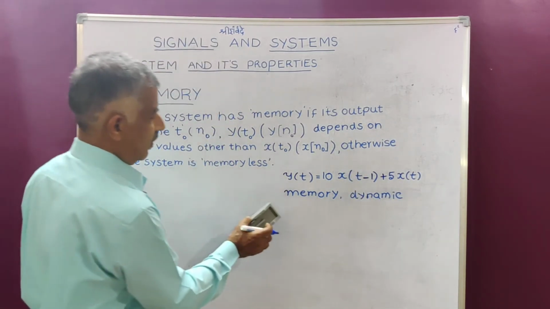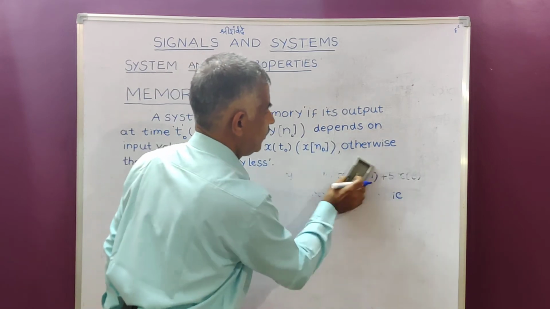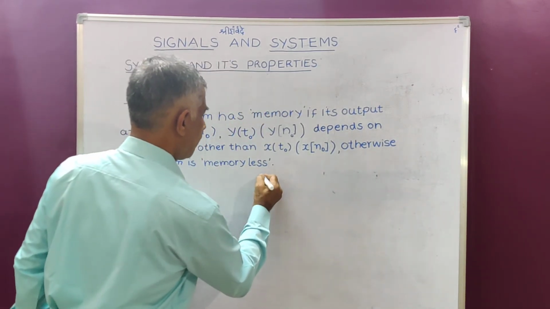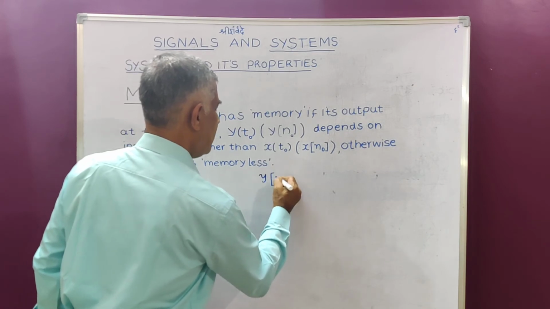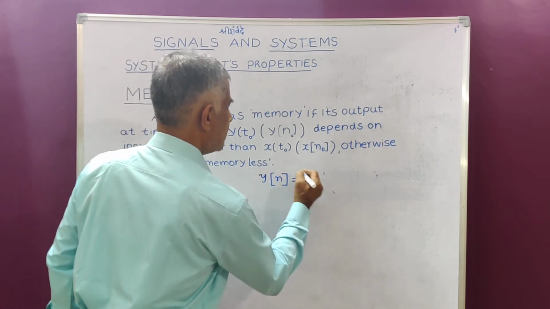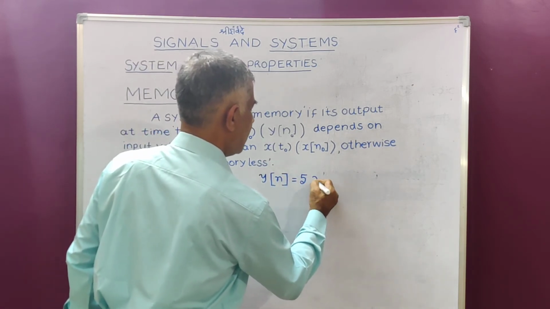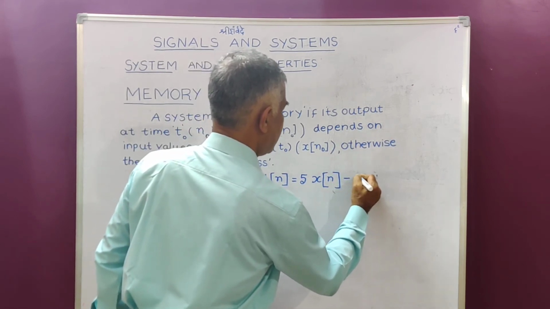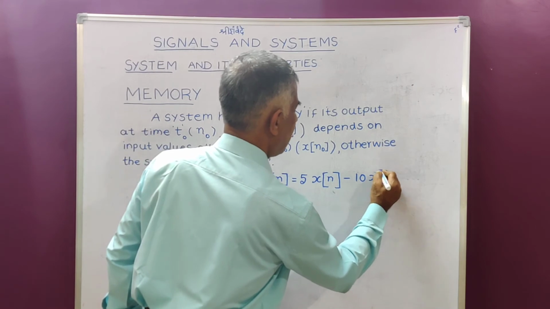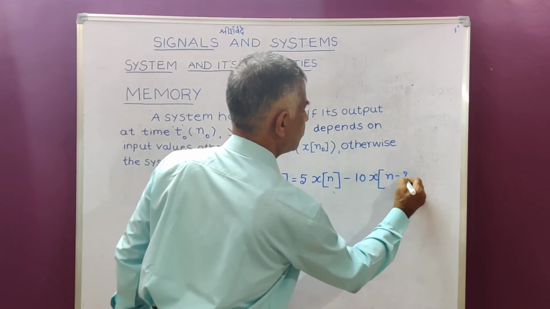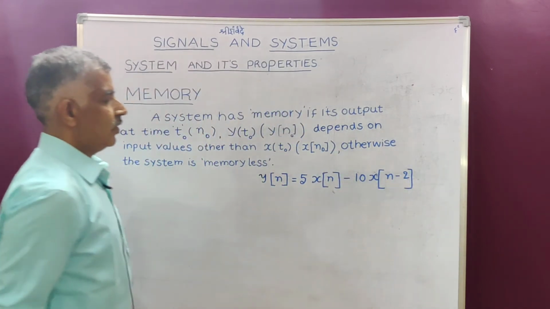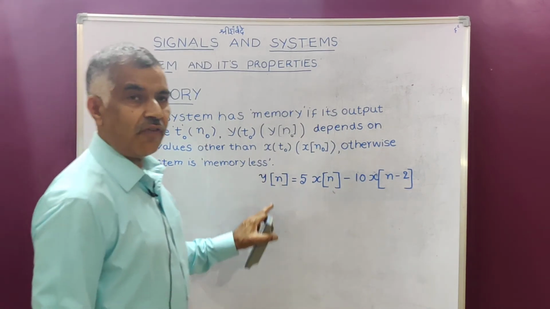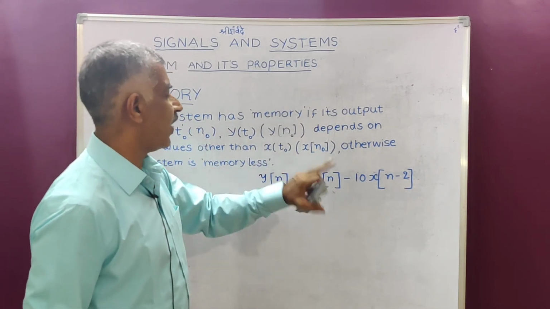Now I will give some more examples. This example is of a discrete system: y of n is equal to 5 times x of n minus 10 times x of n minus 2. In this expression for output y of n, y of n depends on two factors.